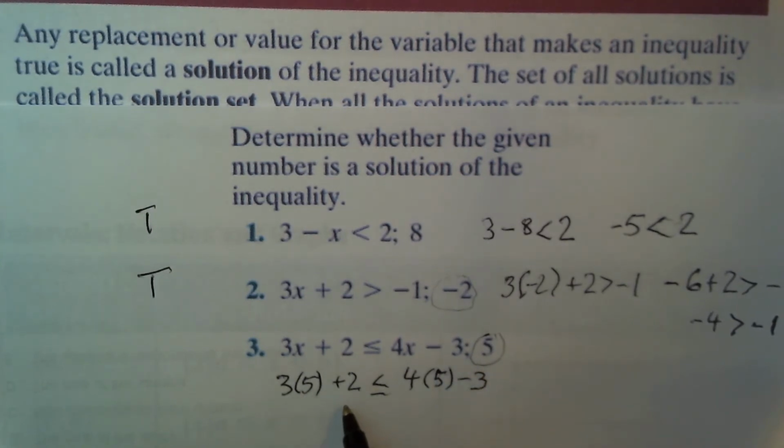Well, 3 times 5 is 15. 15 plus 2 is 17. And 4 times 5 is 20, minus 3 is 17.